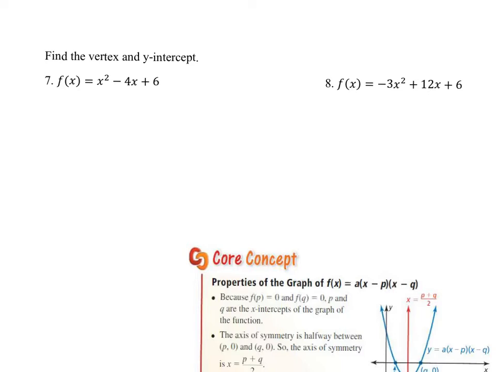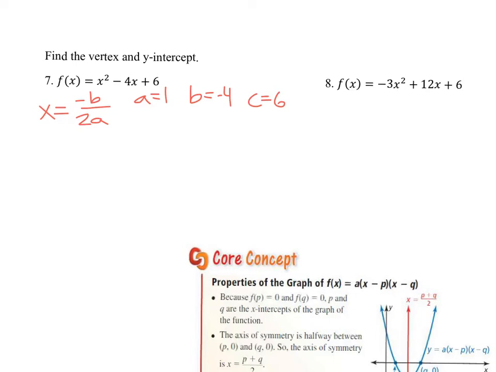Now, the equation for the axis of symmetry is x is equal to -b over 2a. Like I said, it's important to be able to label what a is and what b is and what c is. In this number 7, a is going to be 1, b is going to be -4, c is going to be 6, okay?